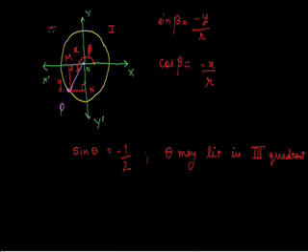This was first quadrant, this is second, this is third, and this is fourth quadrant. So if sin theta is giving a value which is negative, we can say that theta may lie in the third quadrant, because from here we can see that sine of an angle beta, which is actually in the third quadrant, gives you a negative value. So this is how we can explain the negative values of trigonometric ratios.